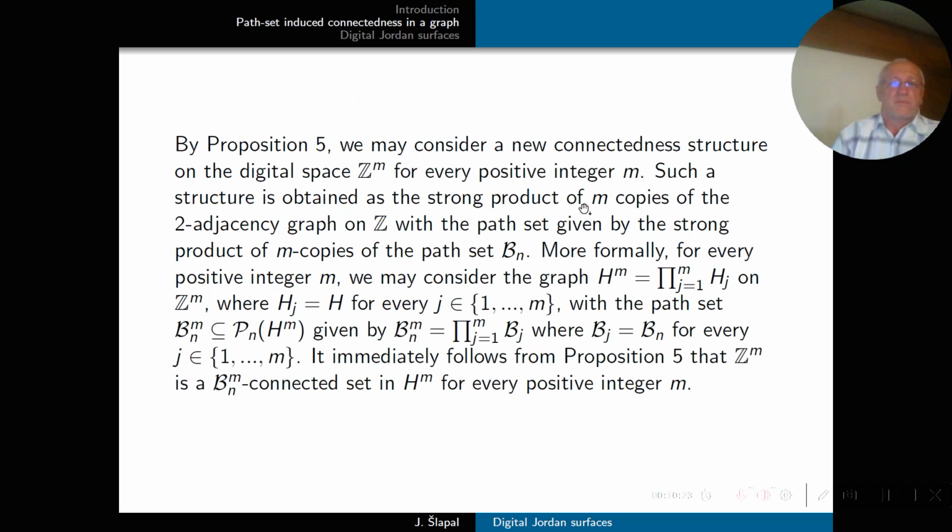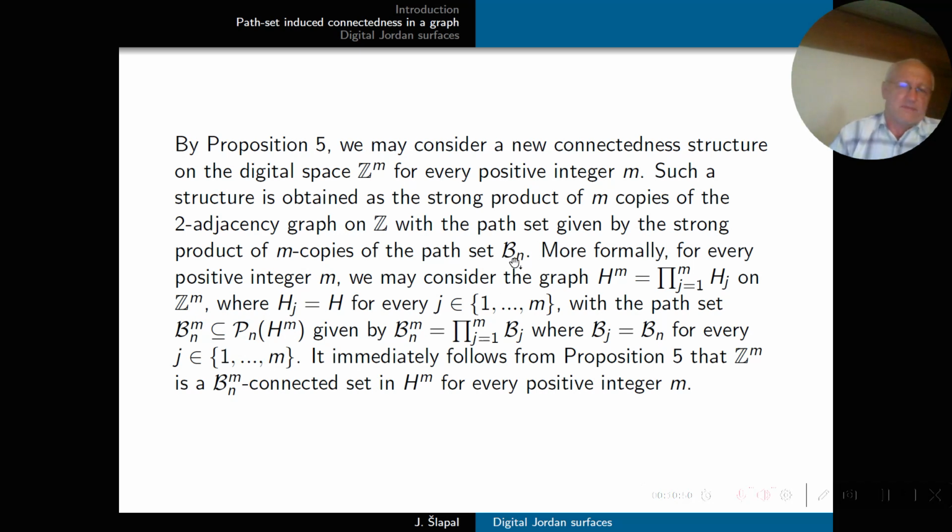We may construct a new connected structure on the digital space Z to the power of m. We will just take the strong product of m copies of the graph H, and the path set will be the strong product of this path set we introduced, B sub n.